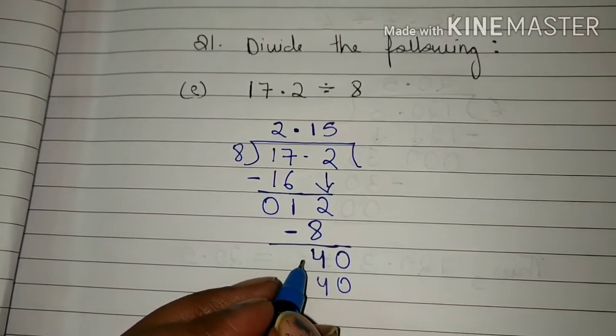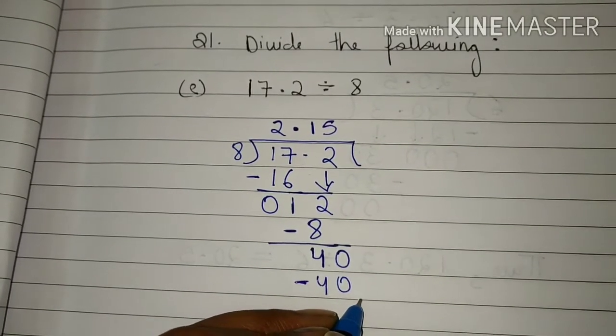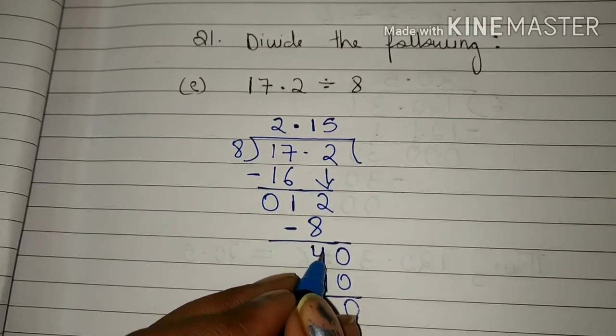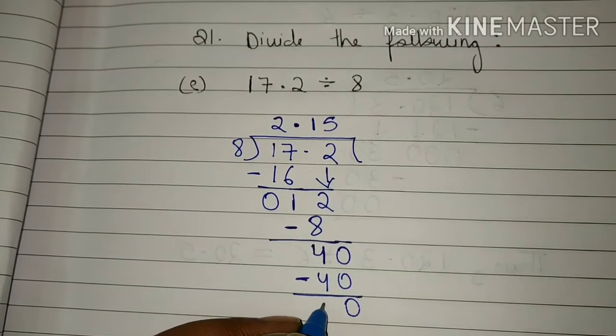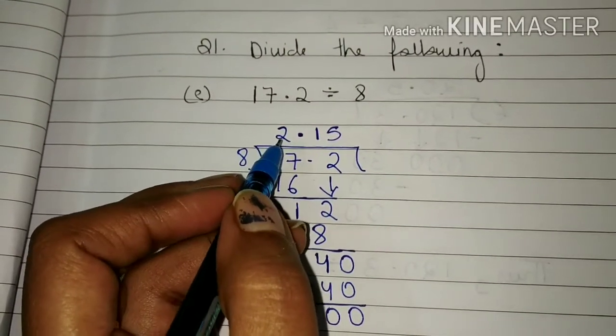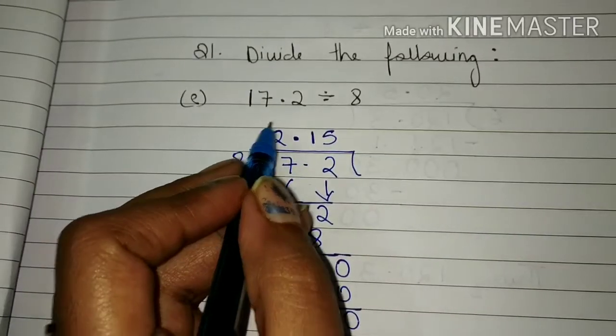Now students, we will subtract these two numbers. 0 minus 0 is 0. 4 minus 4 is 0. So students, 2.15. This is your answer.